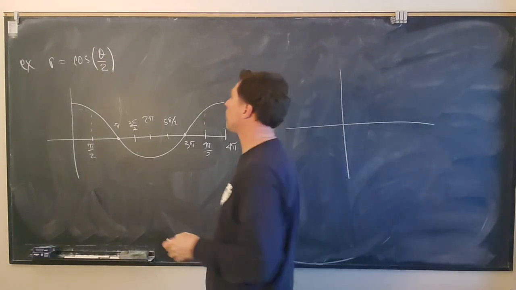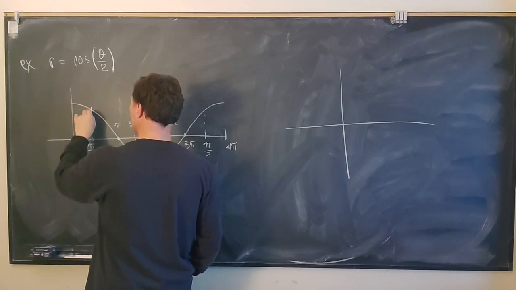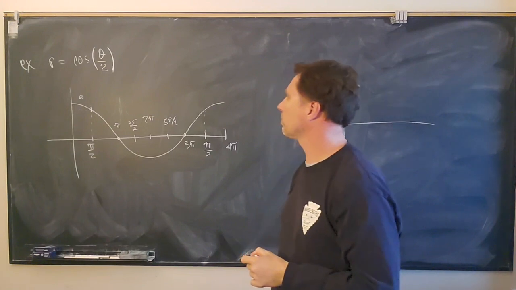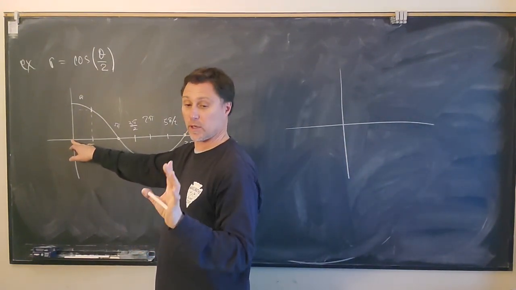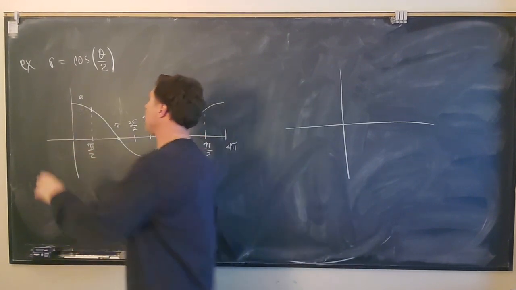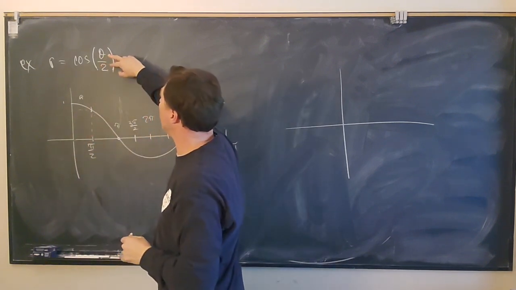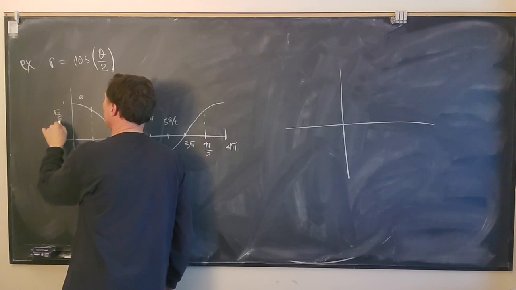Starting off with pi over 2, if I look at this segment right here, let's label that little a. As theta goes from 0 to pi over 2, our radius starts off at 1, and then we get cosine of pi over 4, so that's root 2 over 2.